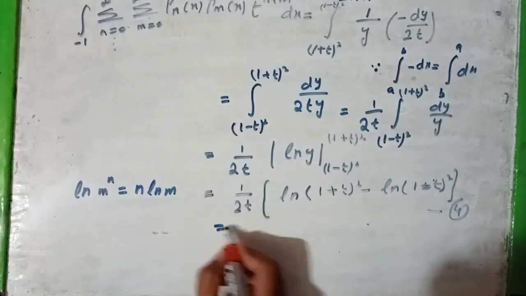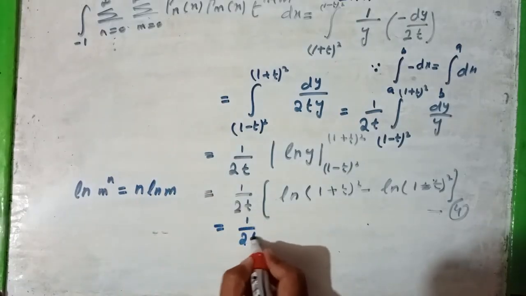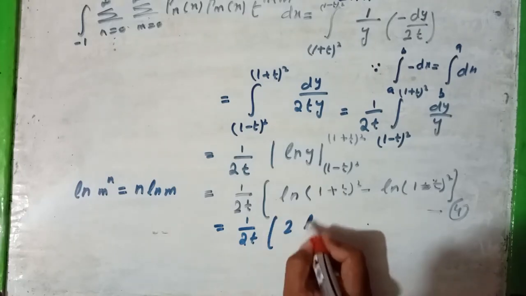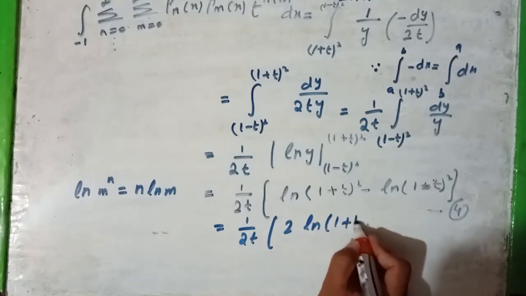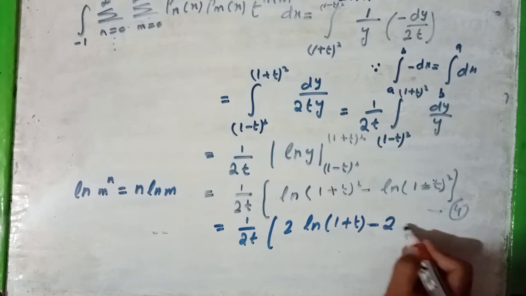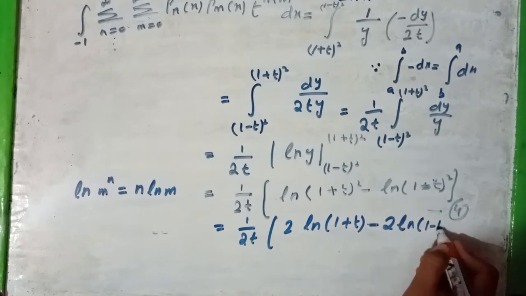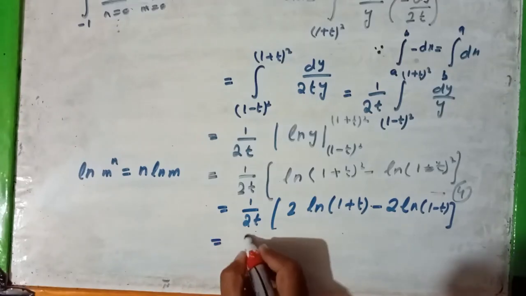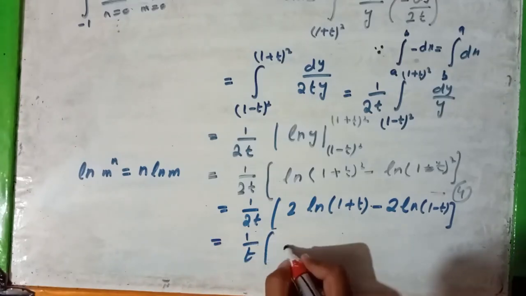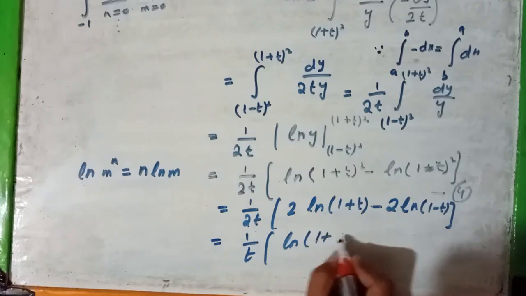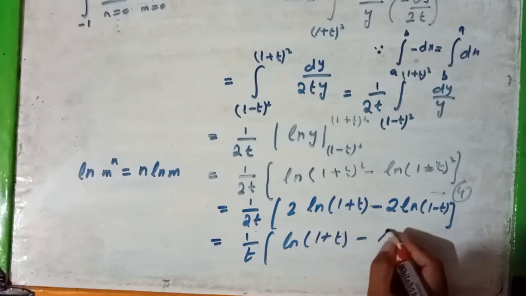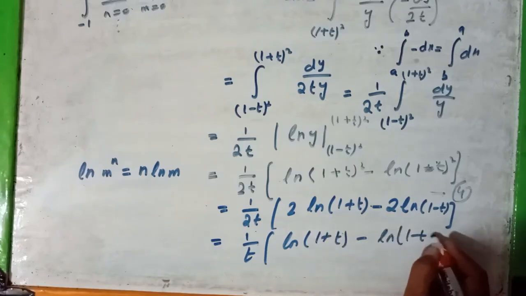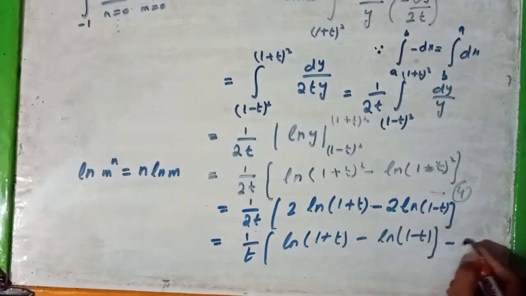So this becomes 1 over 2t [2 ln(1 plus t) minus 2 ln(1 minus t)]. This is equal to 1 over t [ln(1 plus t) minus ln(1 minus t)]. This is equation number 5.